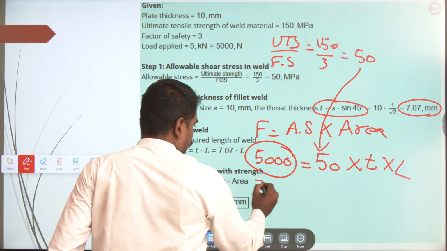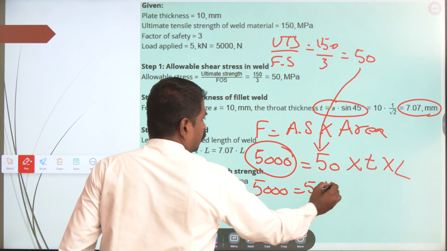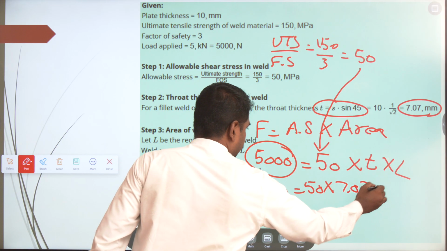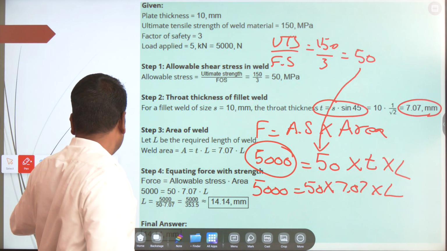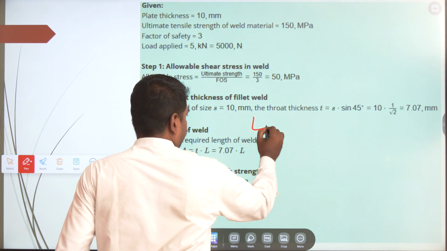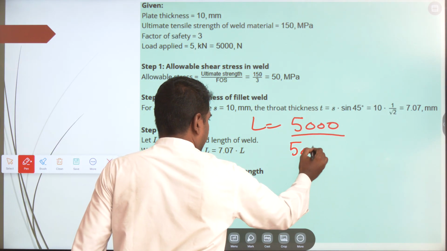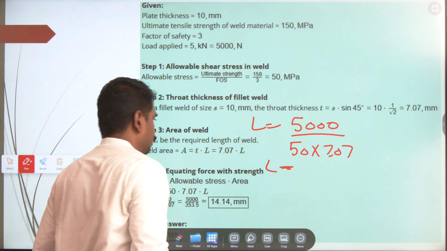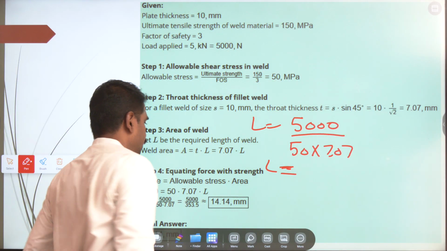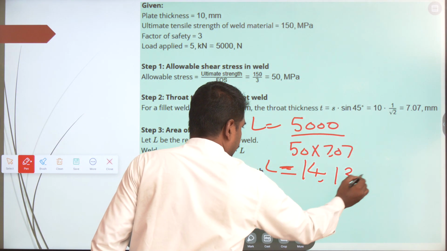So what are you going to do? 5000 is equal to 50 into 7.07 into length. That is going to be the length of the plates. So what is going to be the length of the plates? 5000 divided by 50 into 7.07. When you use the calculator and find out the answer, you will be getting 14.139 or something.